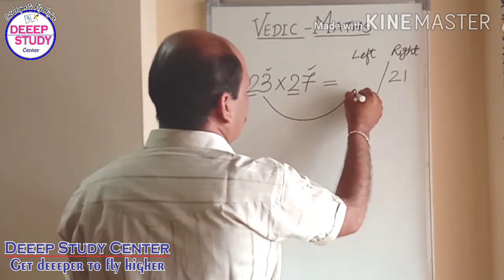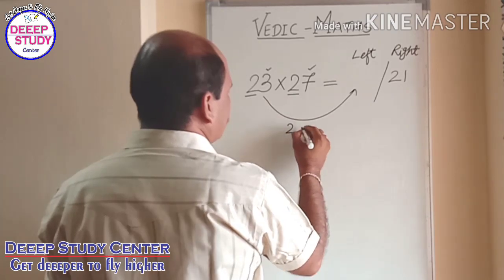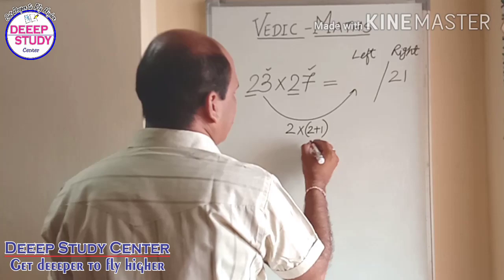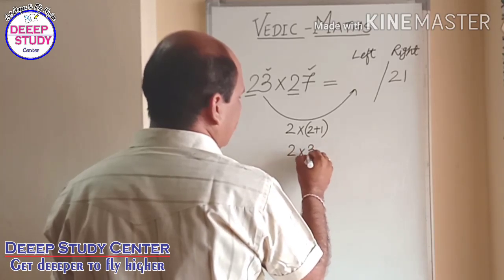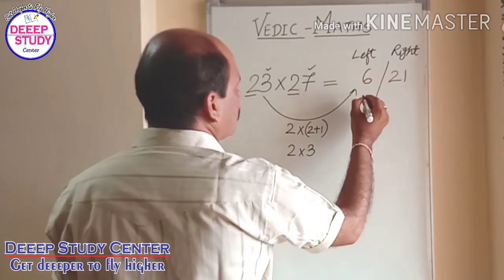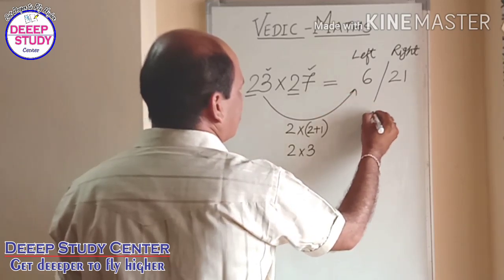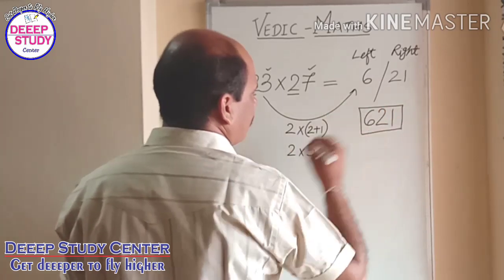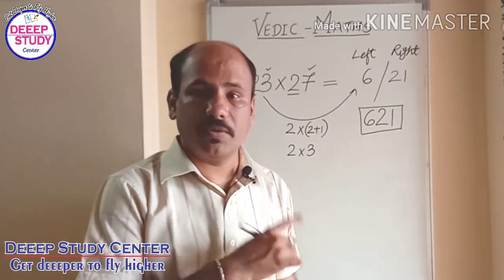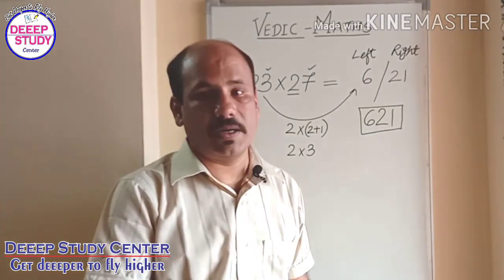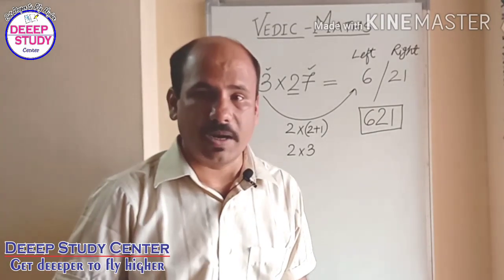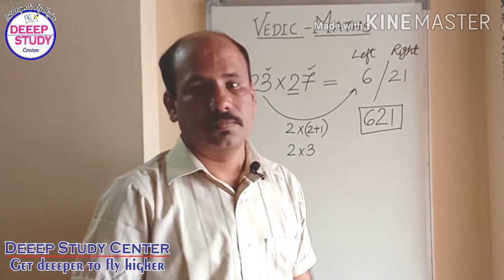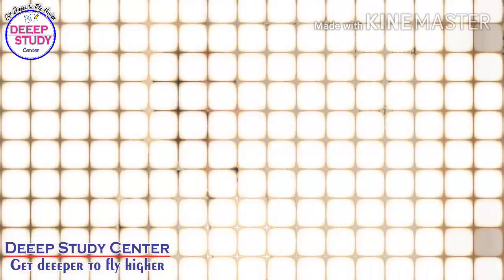We multiply the number 2 with its consecutive number, that is 3. 2 multiplied by 3 is 6. So our final answer is 621. Here we multiply the unit digits and write it on the right part, and in the left part the tens digit gets multiplied with its consecutive digit, that is 2 multiplied by 3.